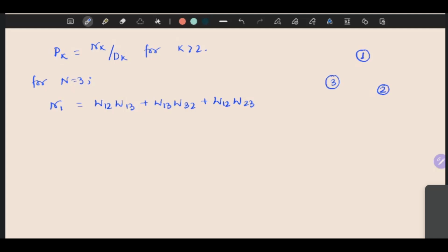So from here to here you get, so to reach here you can reach from here. Similarly you can reach from here to here.